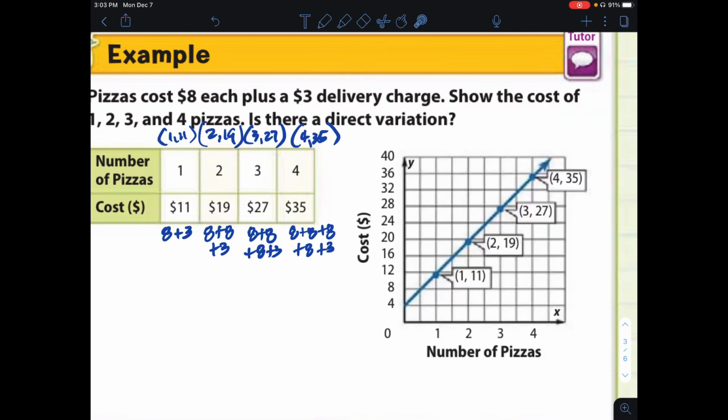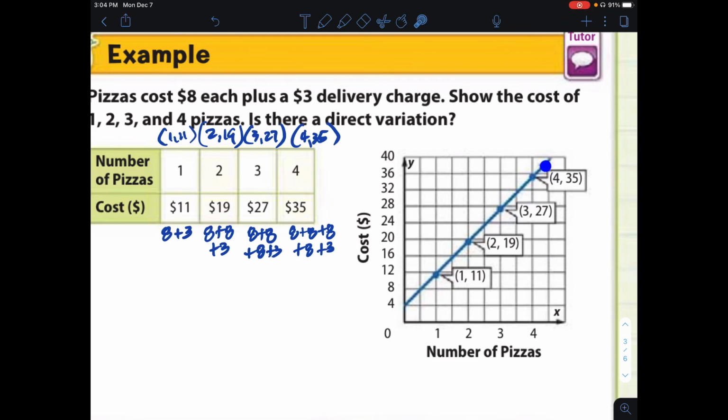So this is now your (1, 11) right here. Your (2, 19) is here. (3, 27) is here, and (4, 35) is right there.